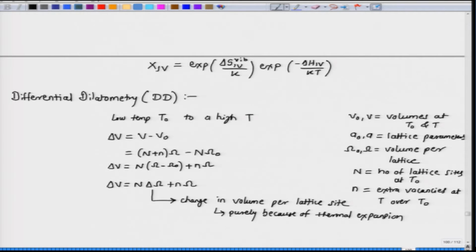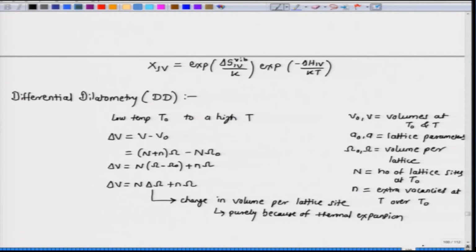Now, when we say that, we are also making one assumption here, and that assumption is that there is no change in volume per lattice site because of creation of extra vacancies.